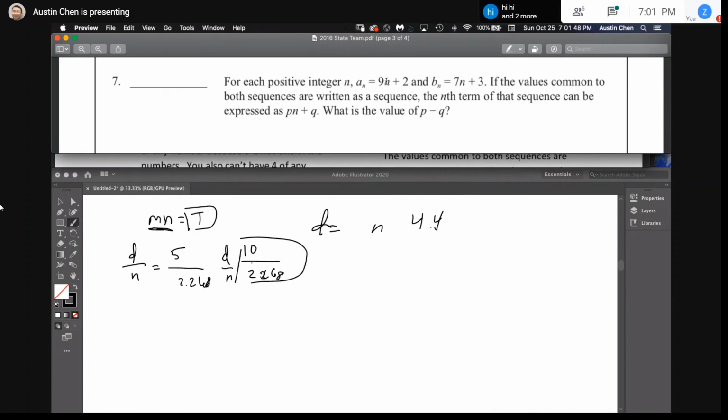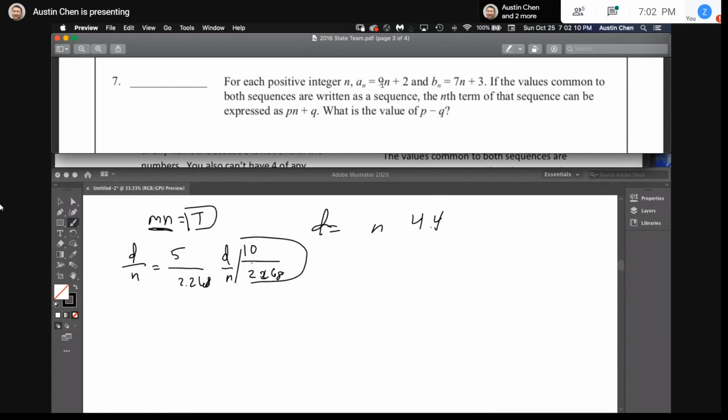We have positive integer n, and it can be anything, right? And the n's don't have to be the same. We're not equating these two sequences together. We're writing both of these sequences out, and then any terms that match up, we put in our new sequence.